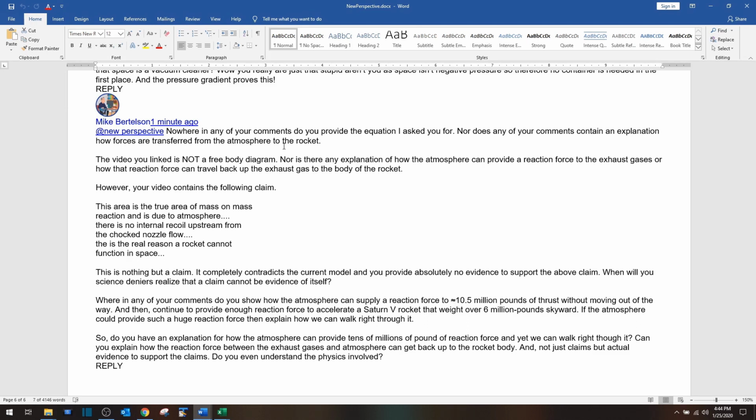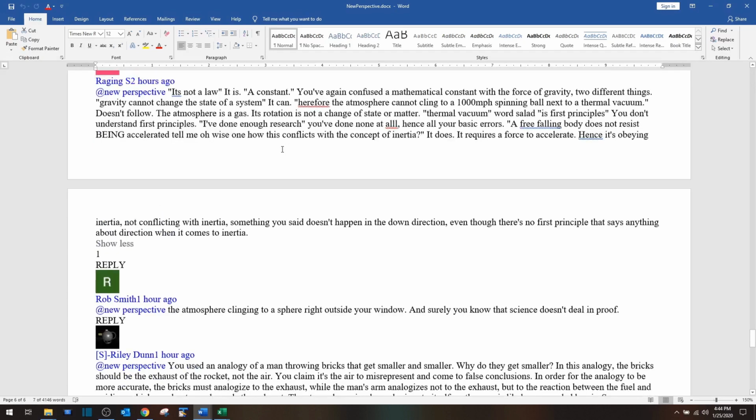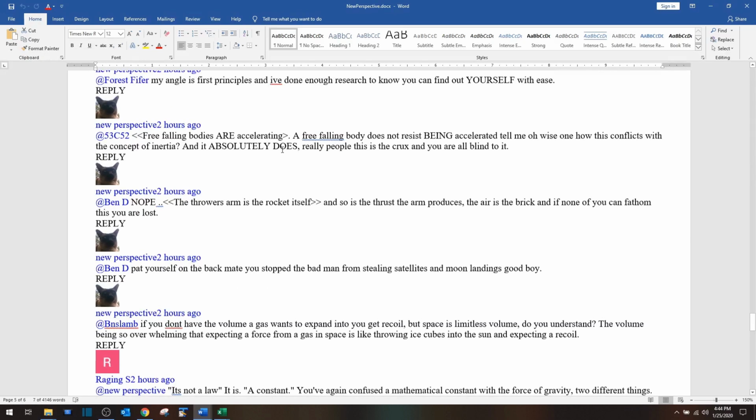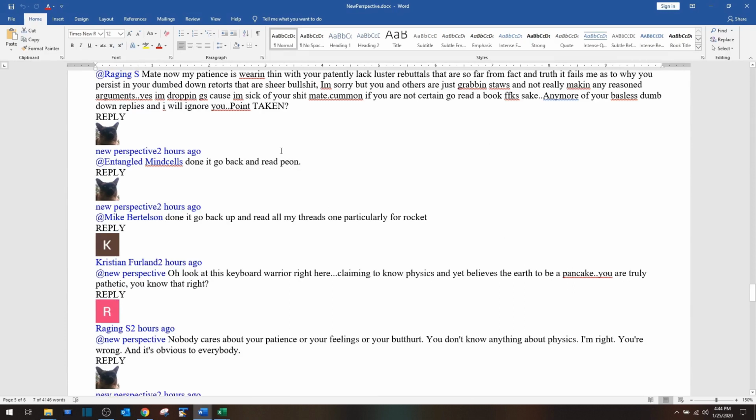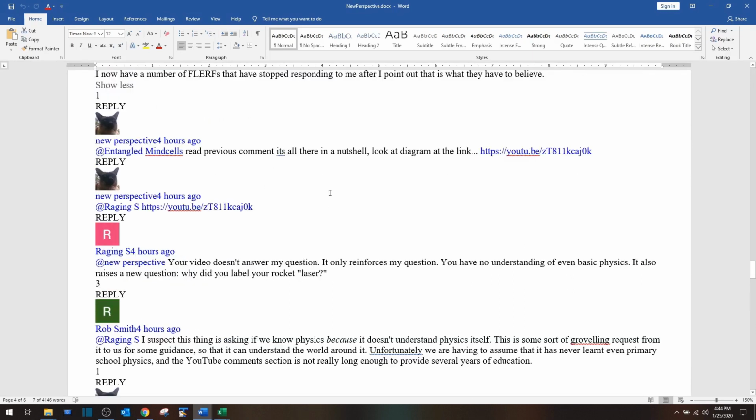All right. So what we're going to do is take this claim that rockets can't work in space and that they must need an atmosphere to push off of, and we're going to look at it with a critical eye and see how this goes.